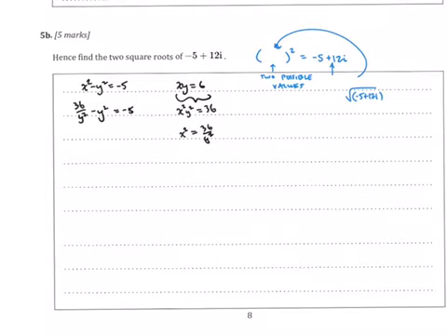Let's do a little solving here. I'm going to multiply through by y squared. That gives me 36 minus y to the 4th is equal to -5y squared. I'm going to bring everything to one side. So I'm going to set 0 equal to y to the 4th minus 5y squared minus 36. I'm going to factor.